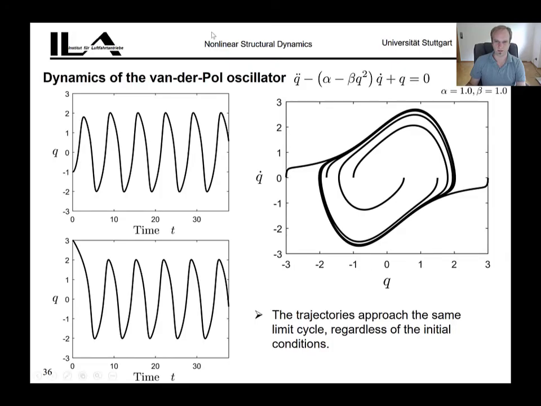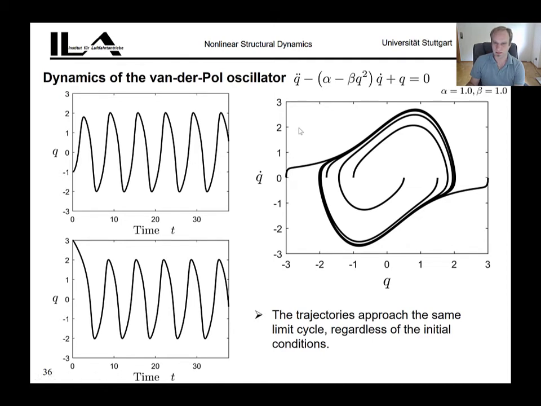We see here now again the equation of the van der Pol oscillator in its normalized form, so that it just has the two parameters alpha and beta. And in fact it was the ratio that affects the amplitude. So if we vary this ratio between alpha and beta, we change the amplitude effectively.